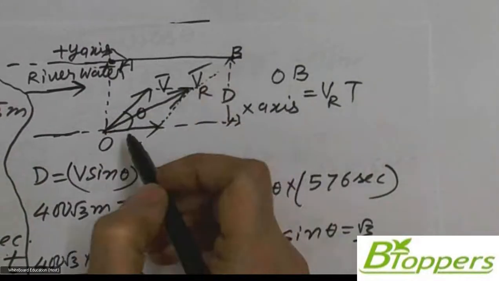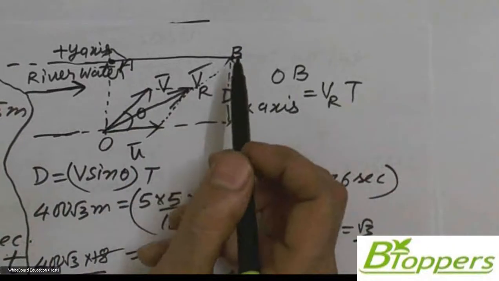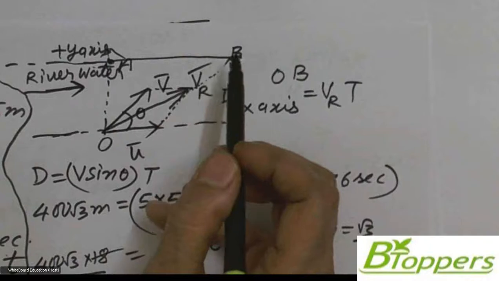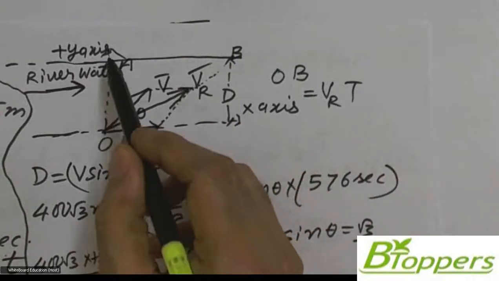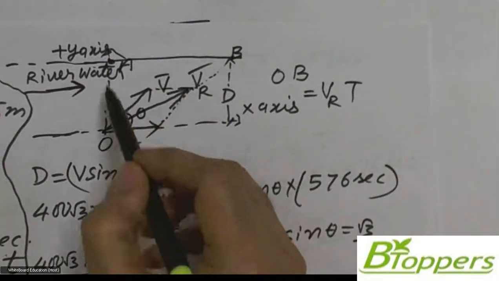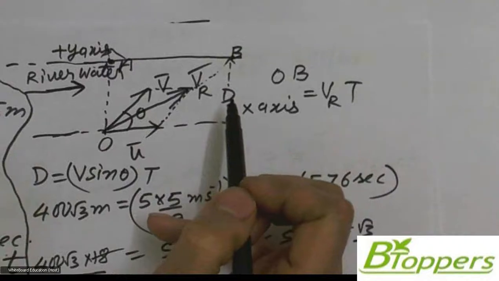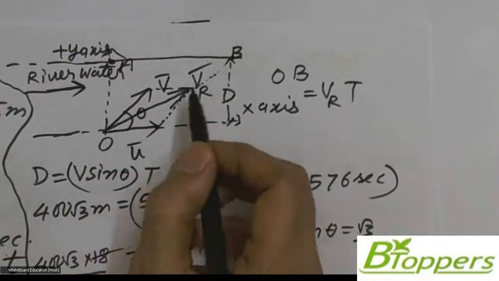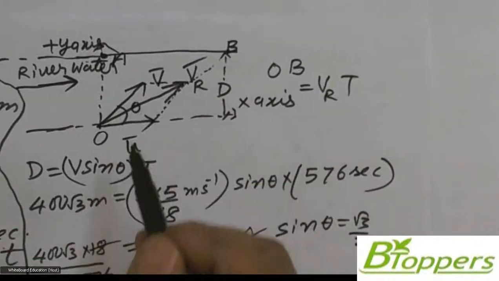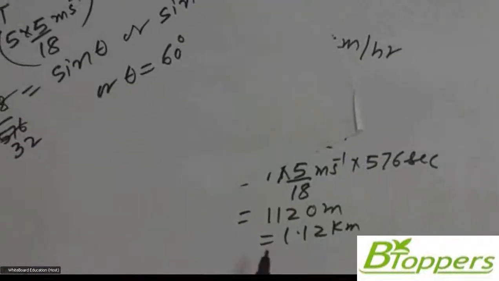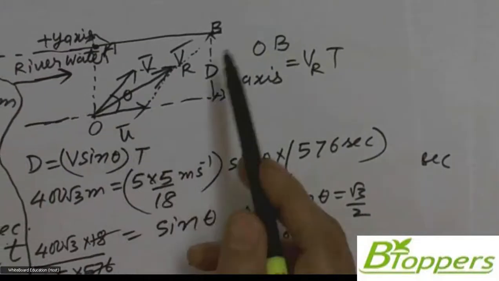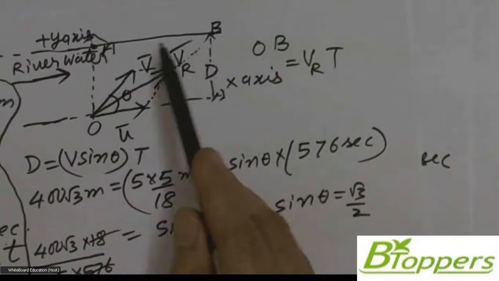So in case you are asked to find this distance AB, there are two methods. You can apply Pythagoras theorem for the right angle triangle OAB, because OA is the width of the river which is already given in the problem, 400 root 3 meters. OB we have calculated, that is equal to 1120 meters or 1.12 kilometers. So you can apply Pythagoras theorem to find the distance AB.